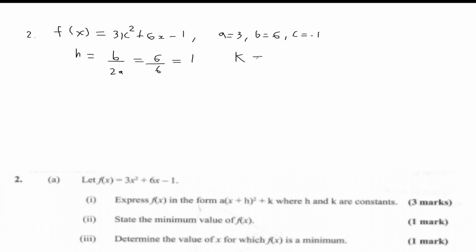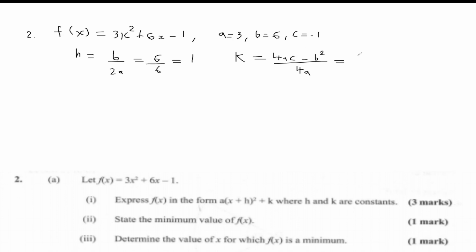Now k is equal to 4ac minus b squared over 4a. This is the formula for finding k. I know it's a little lengthy, but we've been used to it now. So now, all we need to do is plug in. What is a?